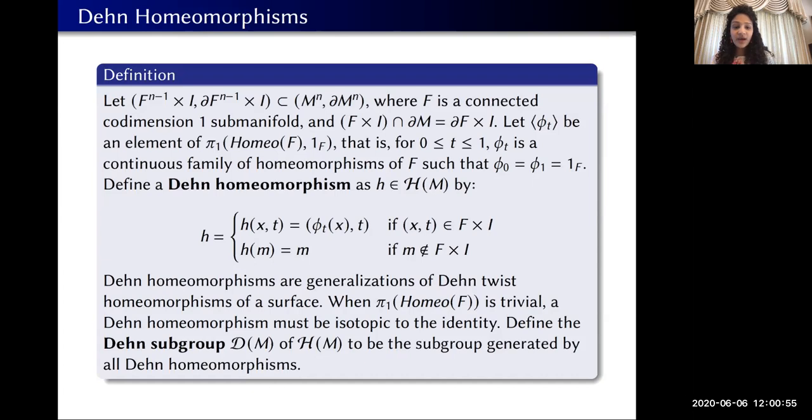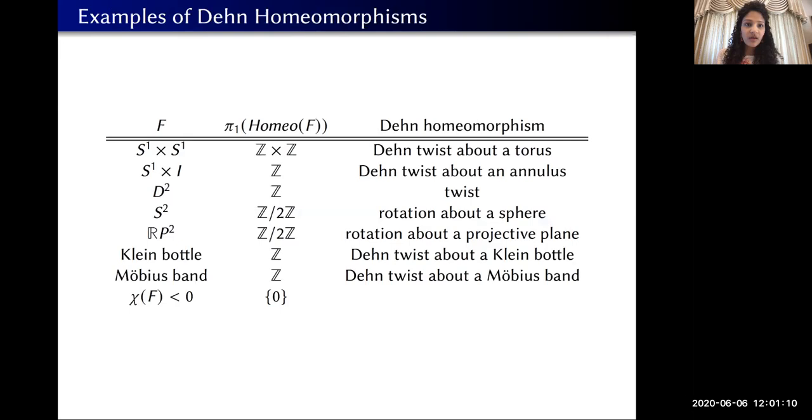And as a side remark, the Dehn subgroup, which is also known as the Johannson subgroup of the mapping class group, is the subgroup generated by all Dehn homeomorphisms. So to make it more clear, here is a table of Dehn homeomorphisms of 3-manifolds for these surfaces.